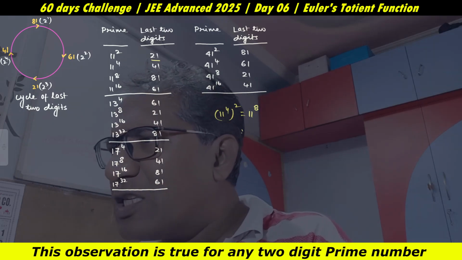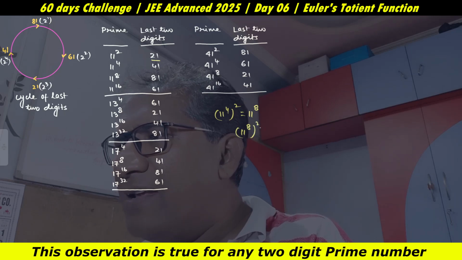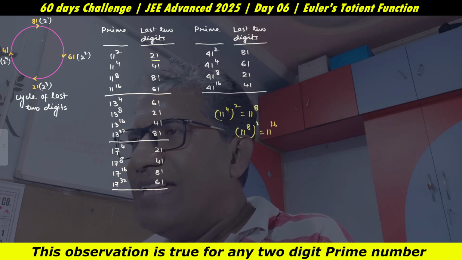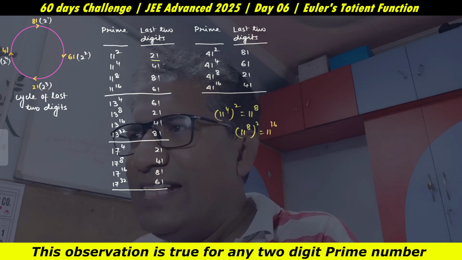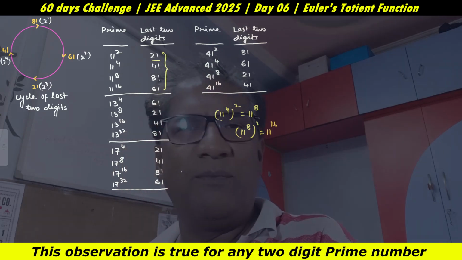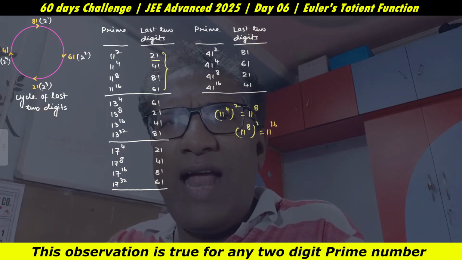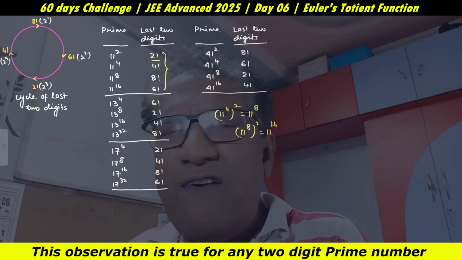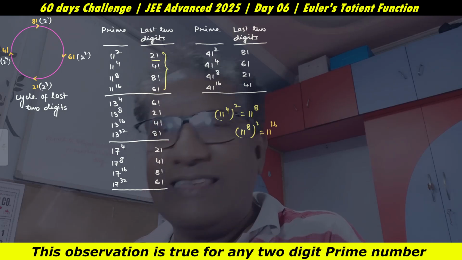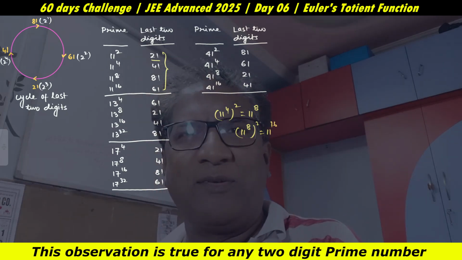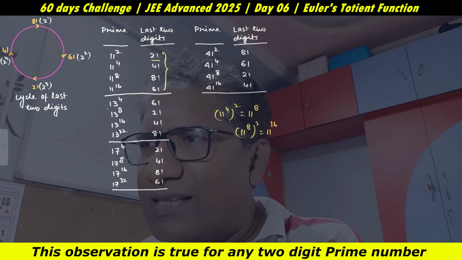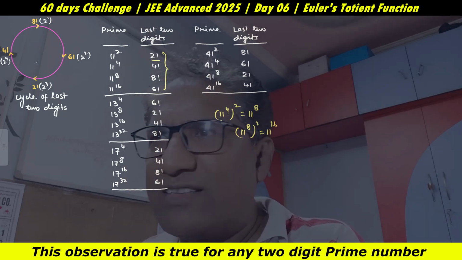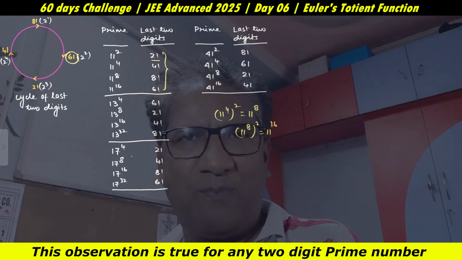If you raise its power to 2 again, then the last 2 digits will be 61. Are you getting the point? That's exactly what I have written. And again, if you raise its power to 2, that is 11 to the power 32, the last 2 digits will be again 21. And this thing goes on. Same thing with 13. You check it. 13 to the power 4 is 61. 61 is where? Here it is 61.